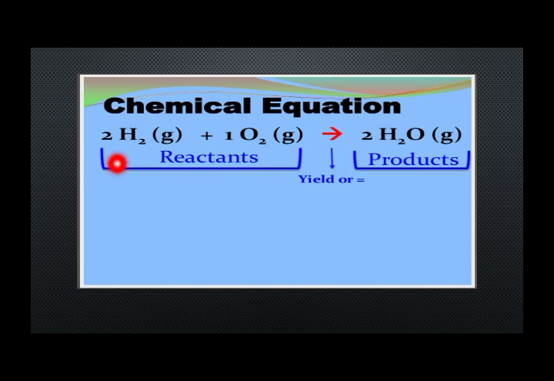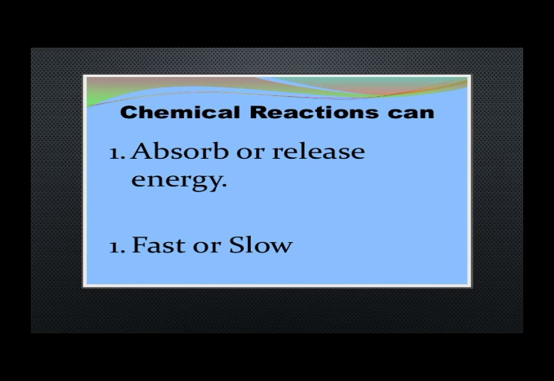So here you can see that two molecules of hydrogen are reacting with one molecule of oxygen and forming two molecules of water. This is how the chemical equation can be written for any chemical reaction. Now let's move forward.